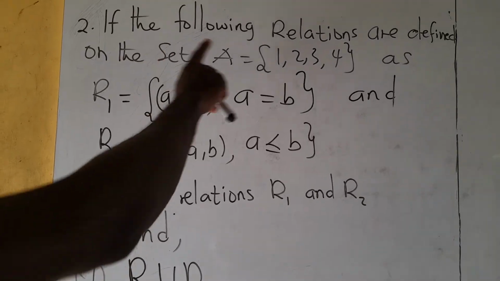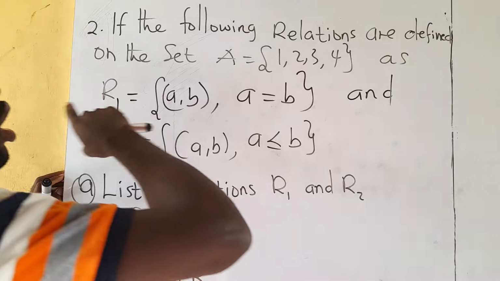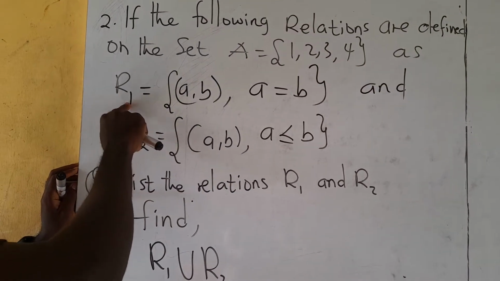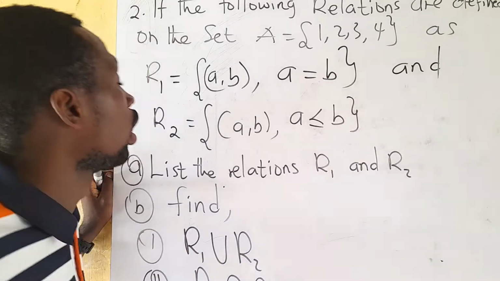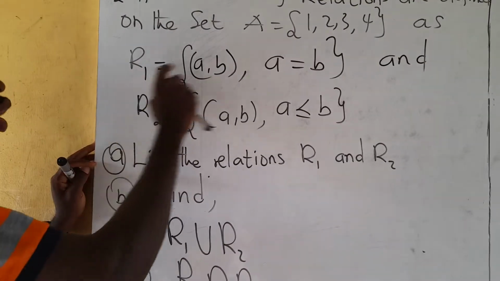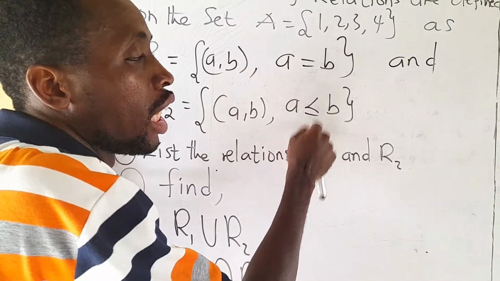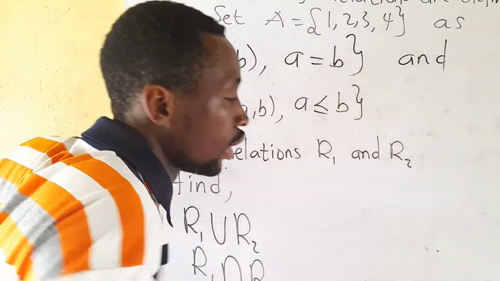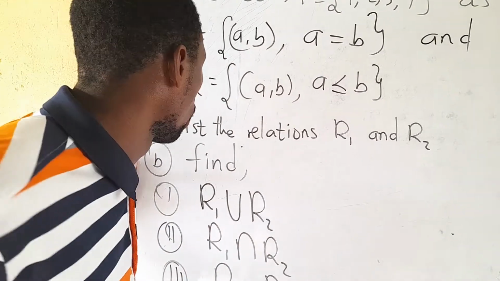They say, if the following relations are defined on the set A as {1, 2, 3, 4}, as R1 equal to the ordered pair (a,b), where a is equal to b, and R2 is the ordered pair (a,b), where a is less than or equal to b. Then the first question: list the relations R1 and R2.